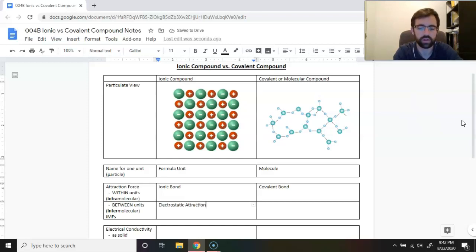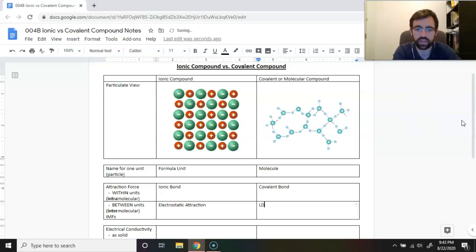It's a very strong attraction, but it's not as strong as a bond. It's an electrostatic attraction, so that it could attract an ionic compound to another ionic compound. And then between molecules, the intermolecular forces can be a number of different things.